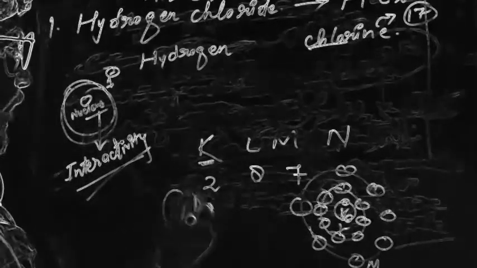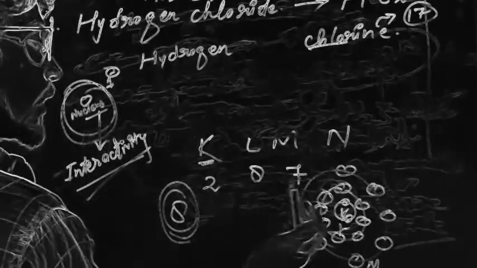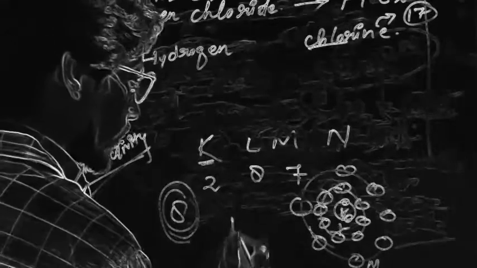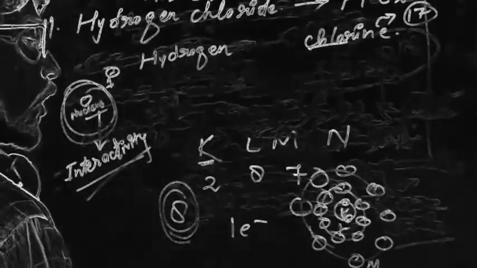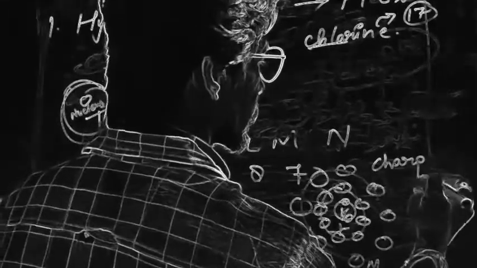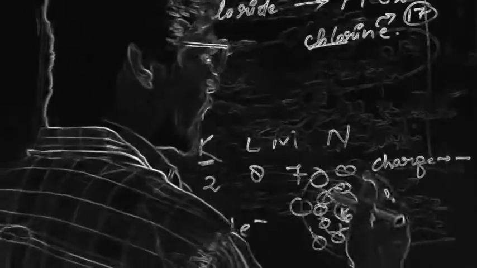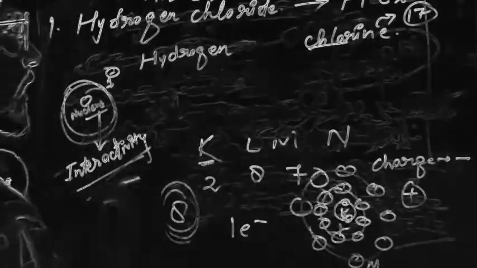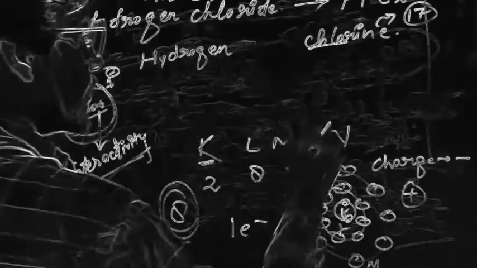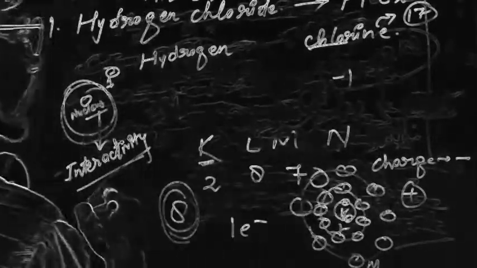So what you have to do is make it 8. Either you have to take 1. If we take 1 electron, see what will happen. It will get stable, and on taking an electron, the charge will be minus, and when we give off an electron, I told you the charge will be plus. So what is the valency of chlorine we get? That is -1.